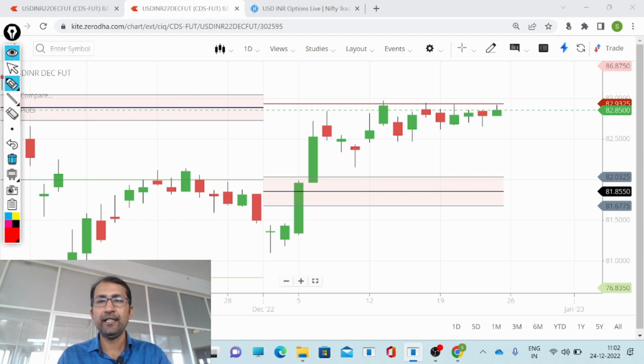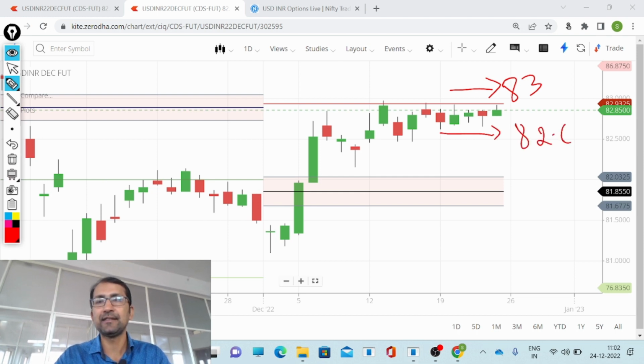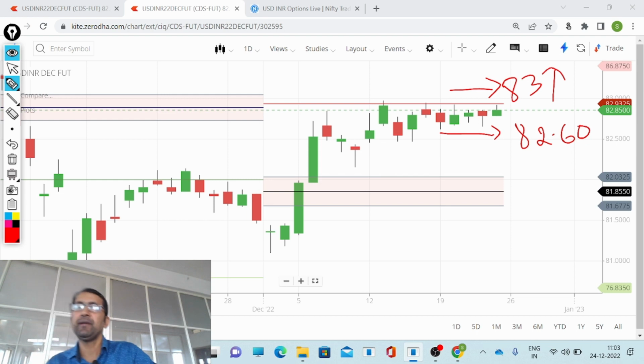So now it is very crucial that levels of 83 on the higher side and levels of 82.60 on the lower side are critical. So therefore it is always better that you keep aside your trade and wait for these levels. Any trade above 83 will be a trade on the upper side.